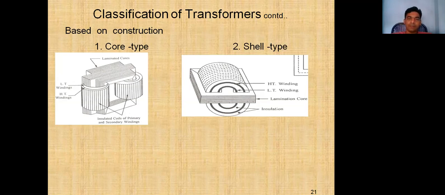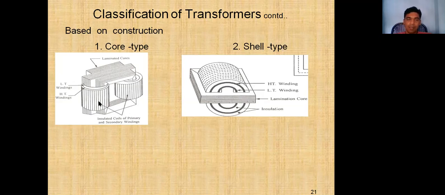This is the core type transformer. Here the LT winding is here, and the HT winding is above the LT winding. Here, this is shell shaped and the winding is wound on the middle limb only.